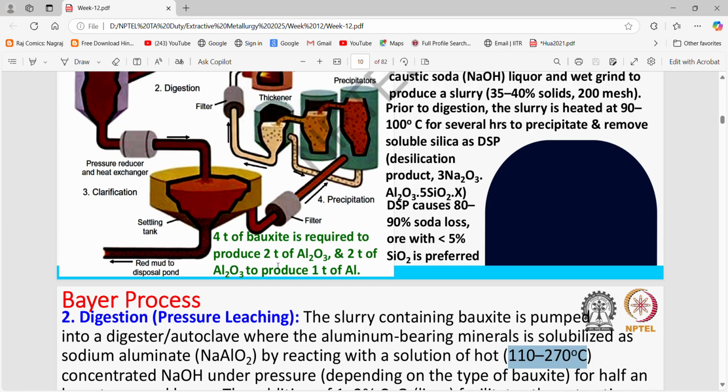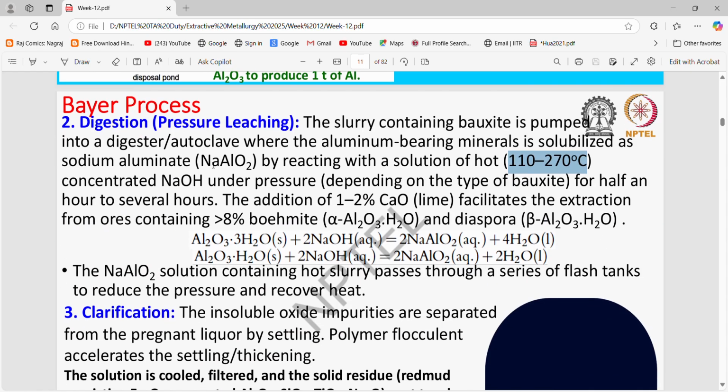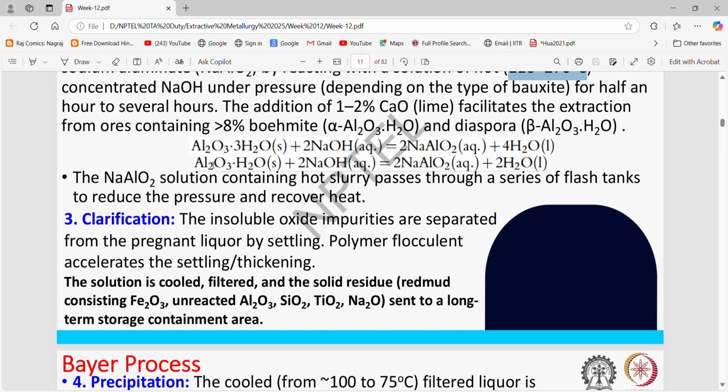So many researchers, many research are going on for the recovery of metals from this red mud, or how to create useful products by using this red mud, and to recover the strategic titanium material from this red mud, because this red mud sometimes contains around 8 to 10% of titanium metal.